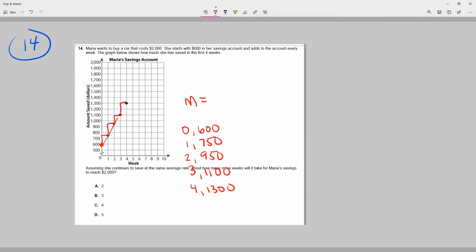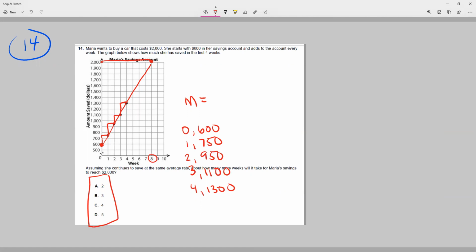It looks like there's a line moving this direction. So if I'm trying to figure out when she hits 2000, which is here, based on that line, that's 8, which isn't even one of my options. So let's look at this.